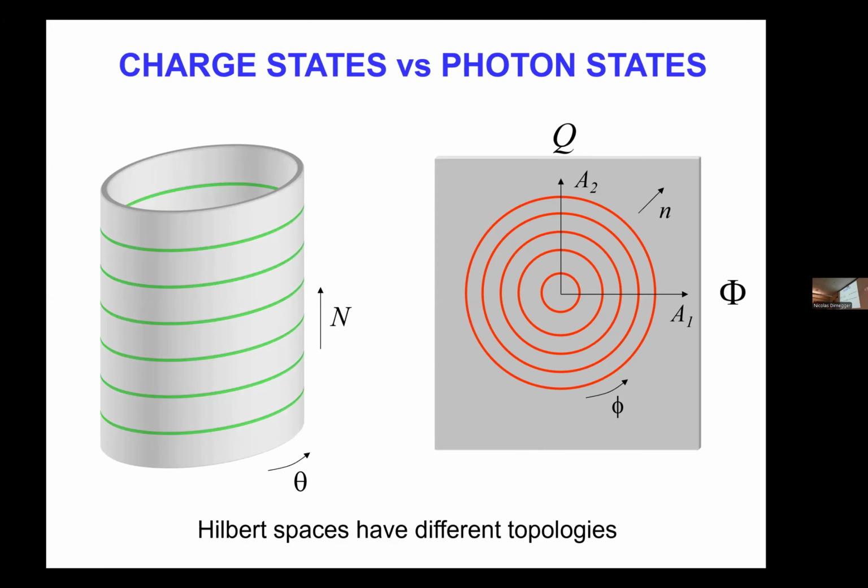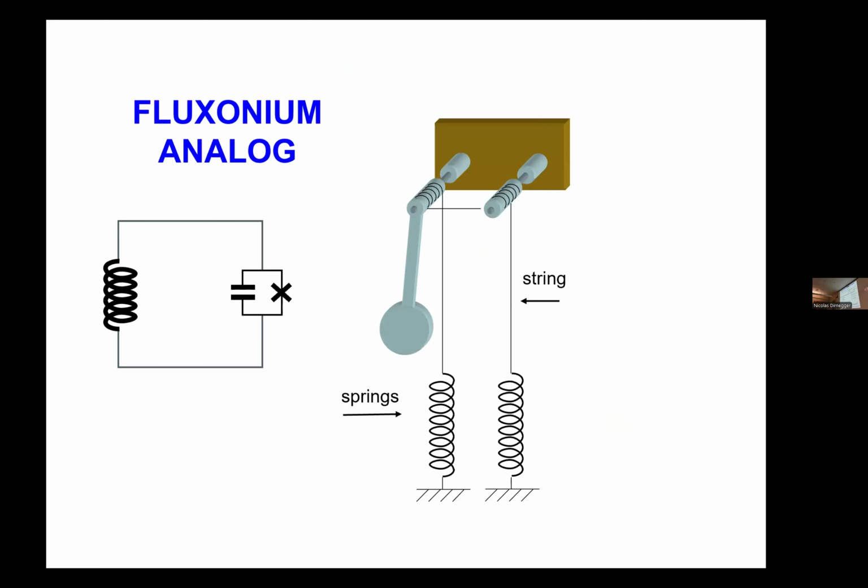In fact, one example of this phase-slip element is the fluxonium. So here is a mechanical equivalent of the fluxonium. If we have only a pendulum, we have a Cooper pair box. So the Cooper pair box is just a pendulum.